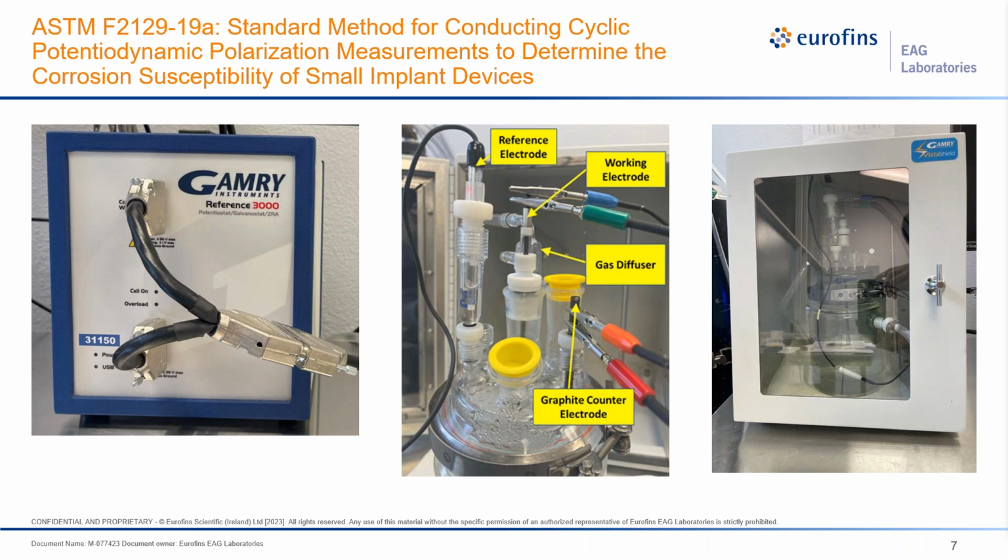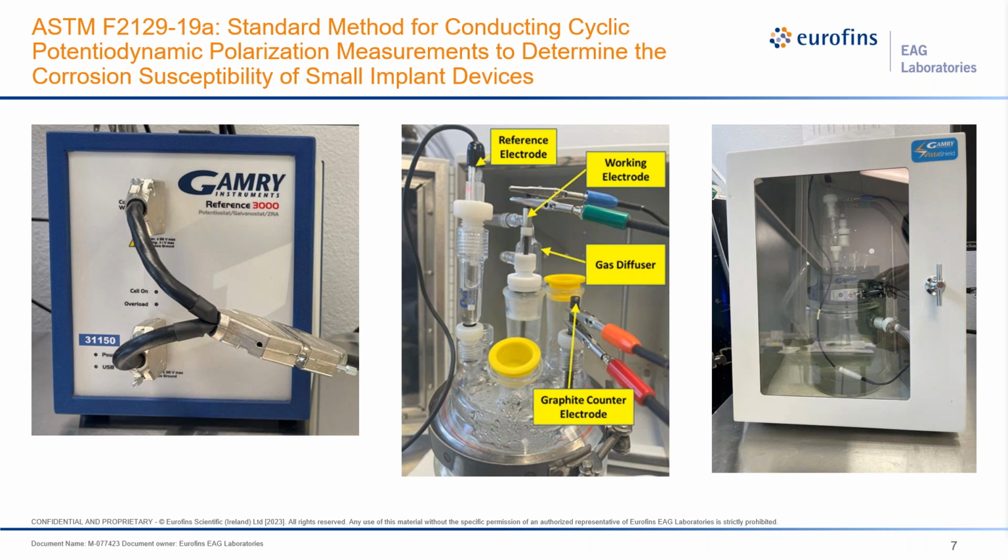Using PBS as the testing medium, 500 milliliters of PBS is placed in a 1-liter Gamry multiport cell and purged with high purity nitrogen, 99.99%, at a flow rate of 150 cubic centimeters per minute, which is 0.15 liters per minute, for a minimum of 30 minutes before the commencement of the corrosion test.